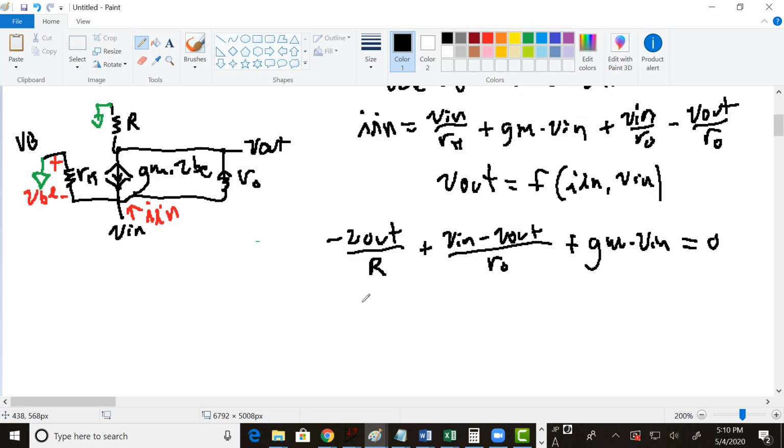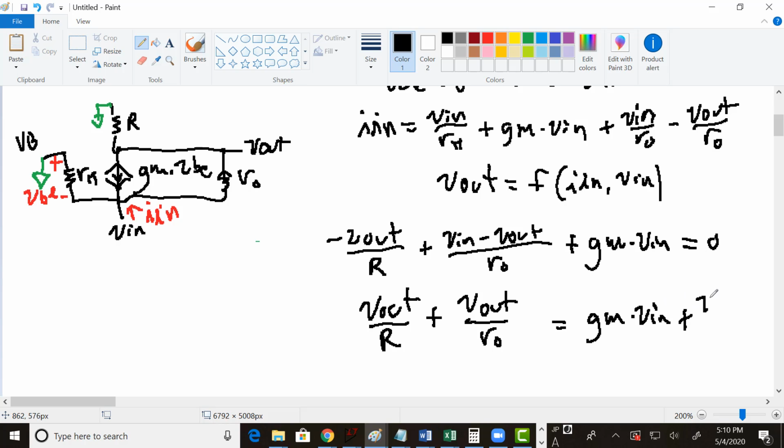Let's move V out over R plus V out over RO, GM V in, and then we also have this V in, so that's plus V in over RO.